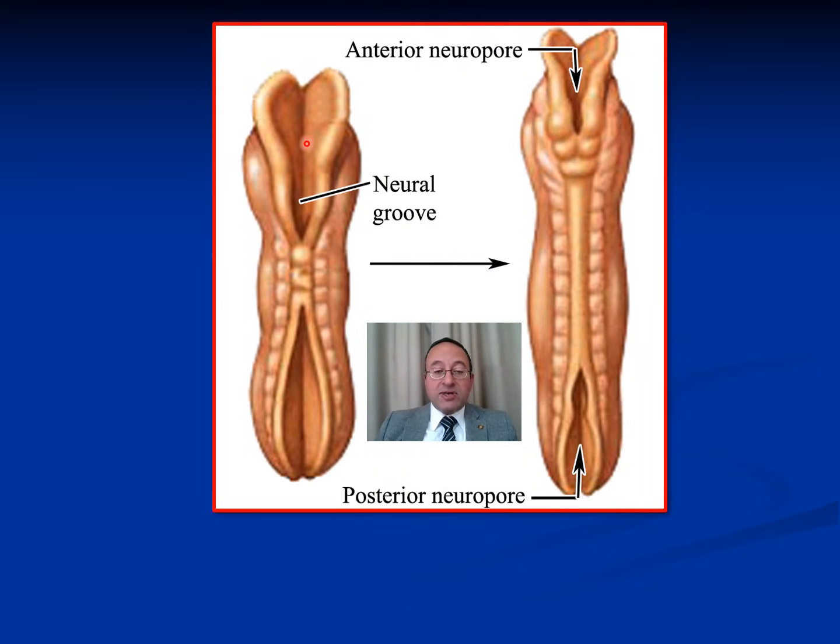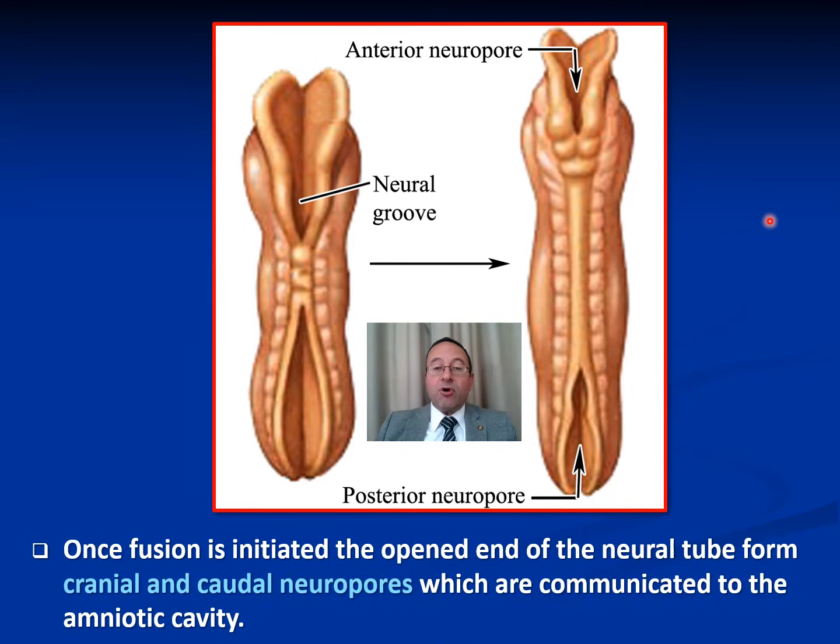This is the neural groove, which starts closing in its middle part and proceeds more upwards and downwards. But it leaves two openings at the cephalic region and in the caudal region. They are called anterior neuropore and posterior neuropore.